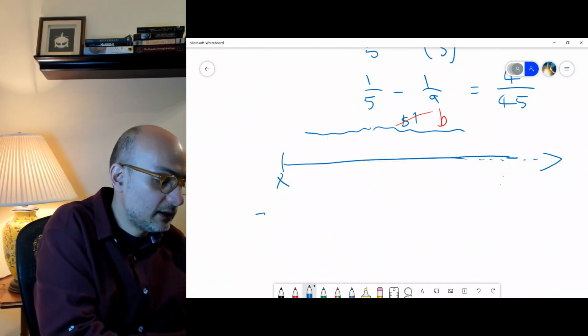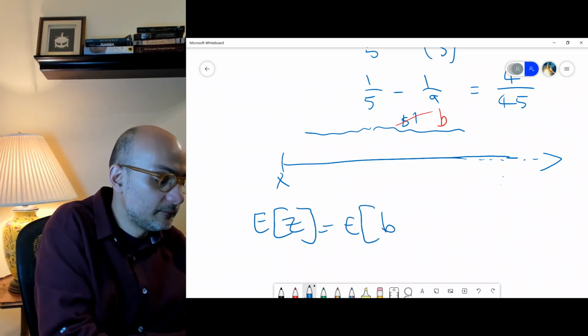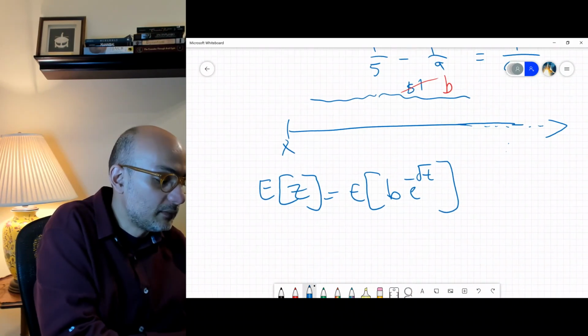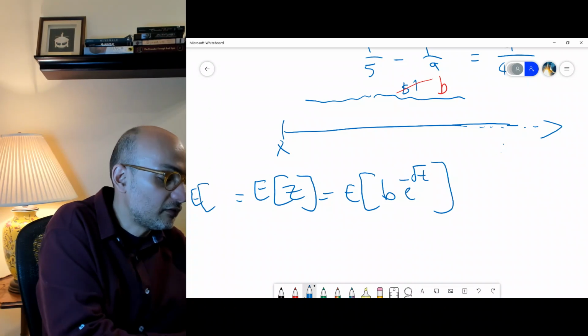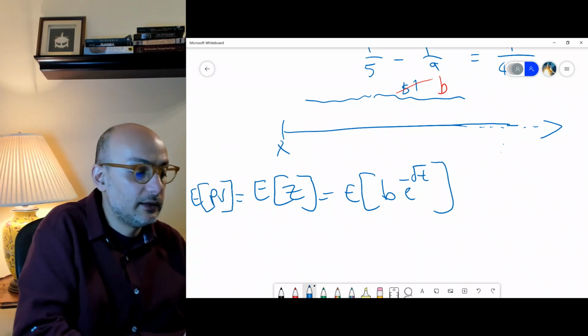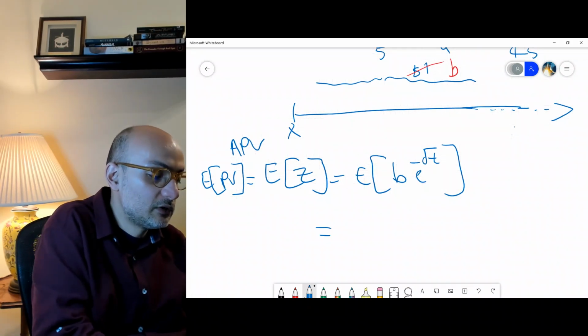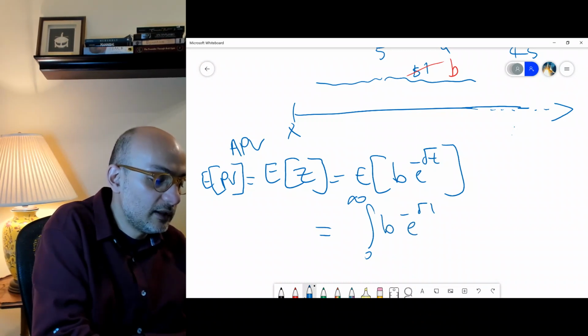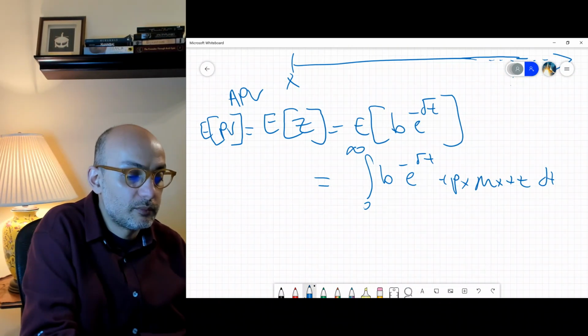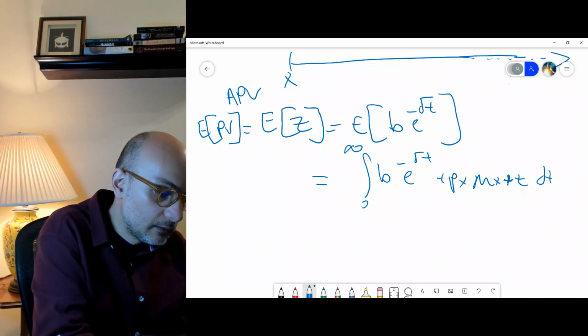So what is the expected value of Z here, which is the expected value of B e to the minus delta T? Remember, this is the expected value of present value. What's the expected value, or the actuarial present value? Also, we can use all those notations, right? Because this can be the integral from 0 to infinity of B e to the minus delta t, t p x, mu x plus t dt, right?